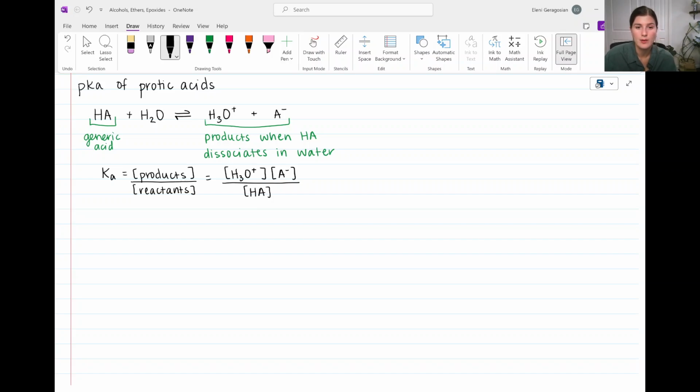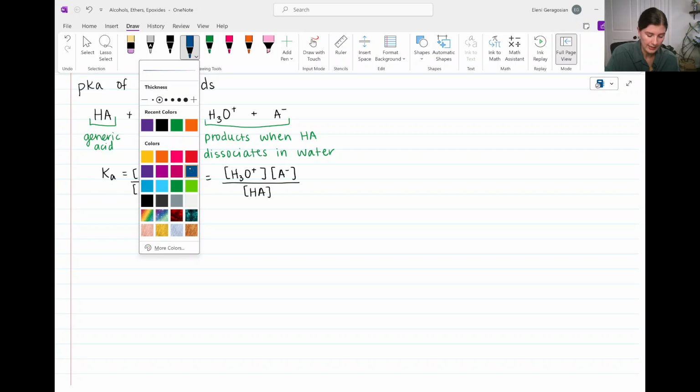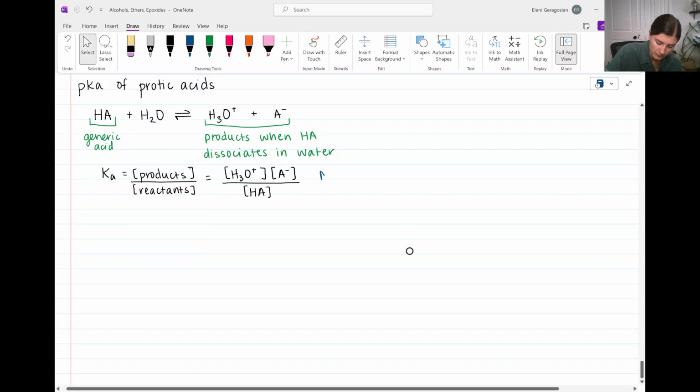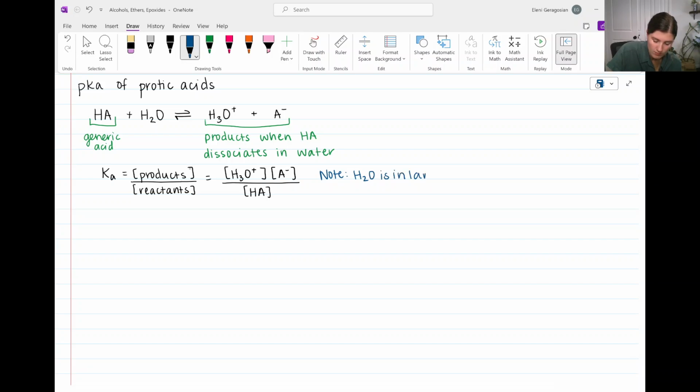Now you'll notice we don't have water as part of this equation. Water is in large excess because it is the solvent. So for one, there is a lot of water there, and it would not change.